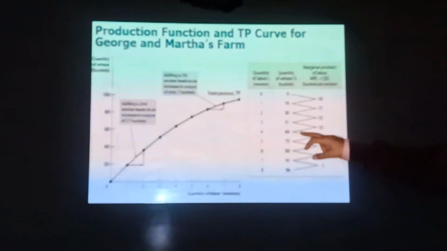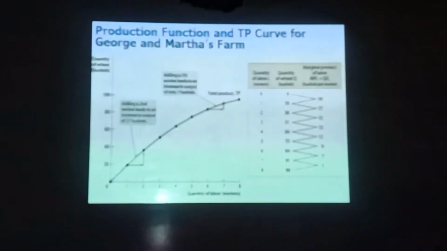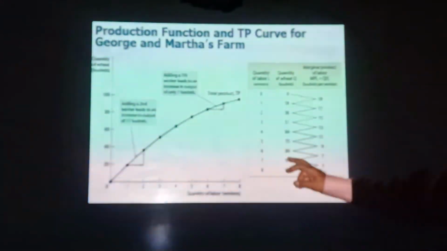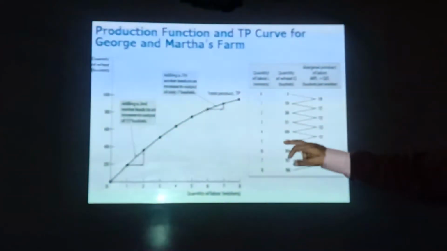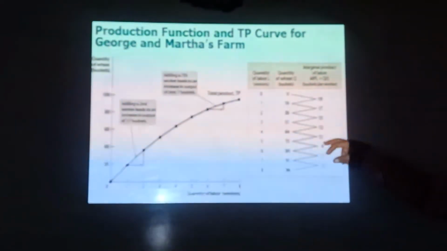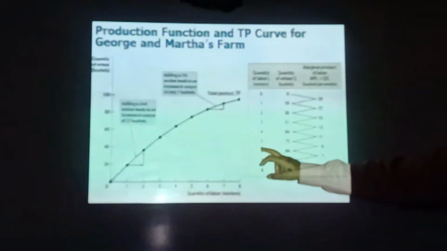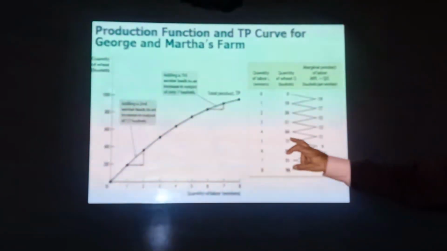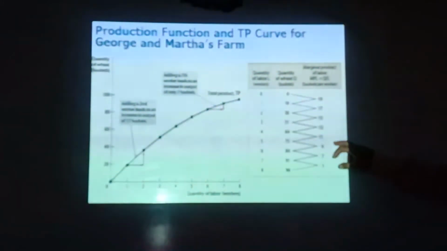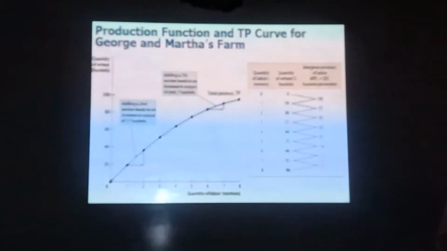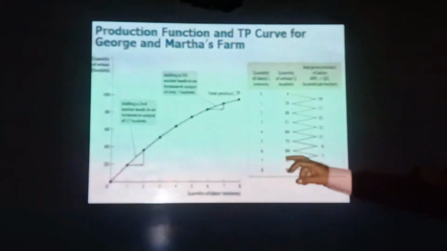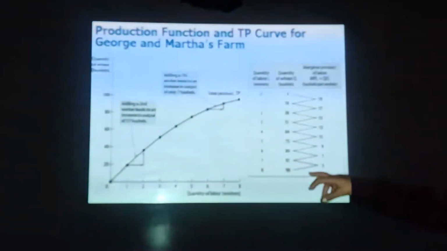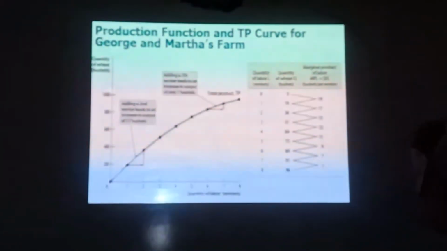The fourth worker, 64, has contributed 13, the marginal product. Fifth worker, our total is 75 and 11 is the contribution of the fifth one. Sixth worker, the total is 84, but the contribution of the sixth laborer is only 9. And with seven, we have a total of 91, but the contribution of the seventh one is 7 bushels.